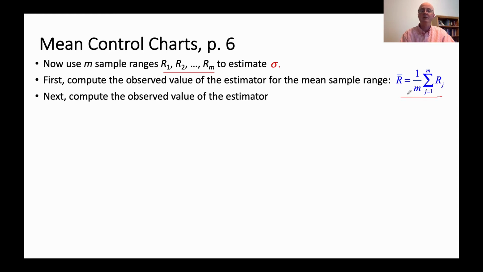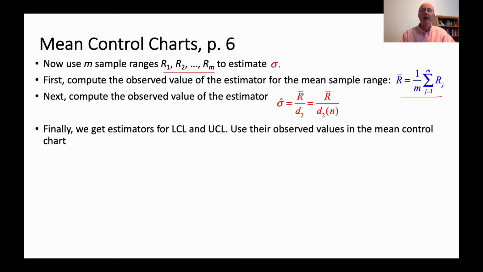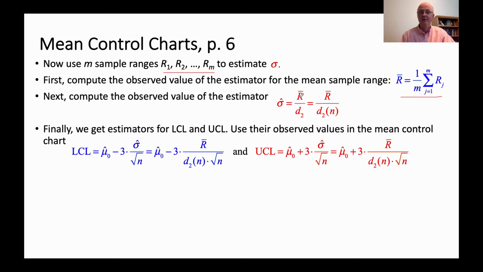Next, compute the observed value of the estimator for sigma. And what would that be? It's based on the d2s. Sigma, remember, was E of R divided by d2. So sigma hat, your estimator for sigma, would be R bar divided by d2 because R bar is an estimator for E of R. Finally, divide sigma hat by square root of n and multiply by 3 and do a plus or minus effectively to get the LCL and the UCL.